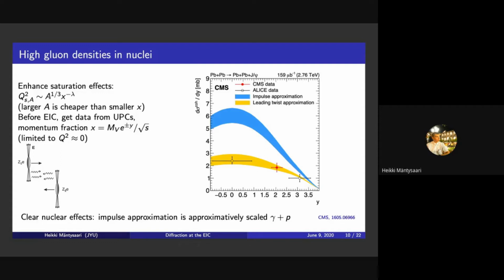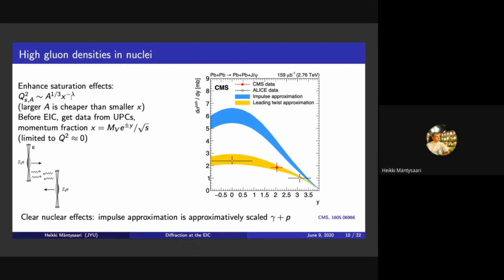The density also goes like x^(-lambda), where lambda is something like 0.2 or 0.3. Now, larger A is cheaper than smaller x. That's the reason why we want to build an electron ion collider and not just a HERA with much larger center of mass energy. You can of course reach the same densities by going to smaller x, but this is very expensive and difficult.